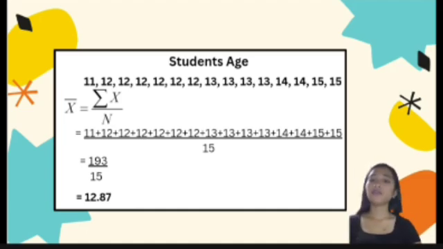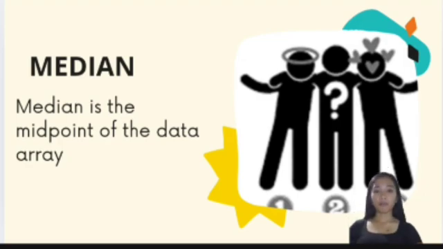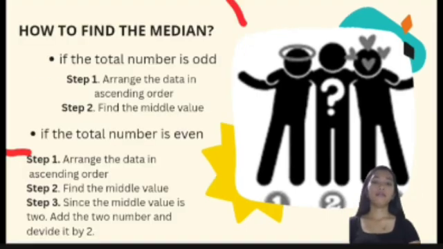Since we know how to find the mean or the average of the data, let's proceed to median. Median is the midpoint of the data array. How to find the median? If the total number is odd, first step is to arrange the data in ascending order.